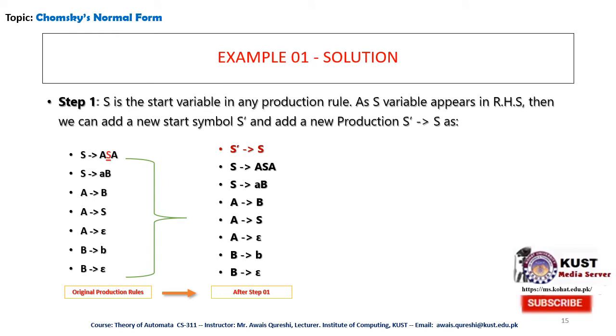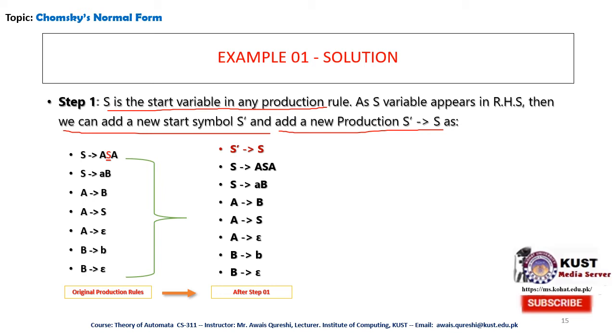So what is the first step in Chomsky's normal form? As we can see, S is the start symbol or start variable. As the S variable appears on the right hand side, we can add a new start symbol S' and add a new production rule S' implies S, because we can see that S appears on the right hand side.